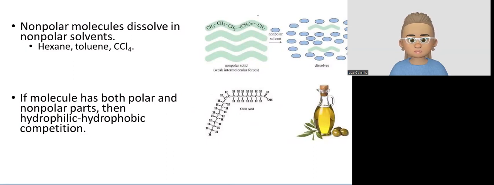If we take the following example, oleic acid. Oleic acid is a molecule that in this portion is polar. And then the area that I'm highlighting in blue is actually nonpolar.